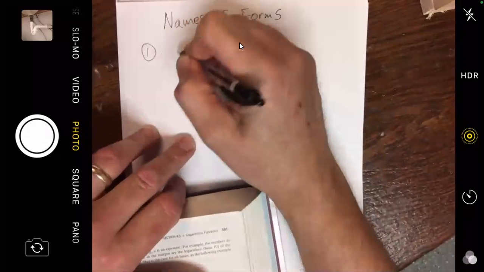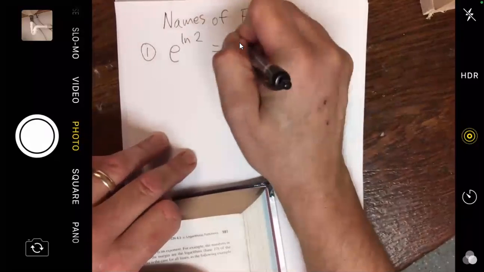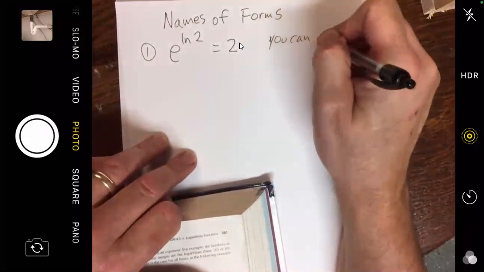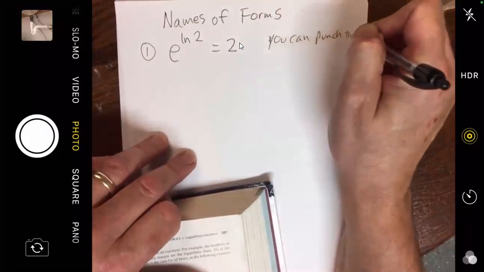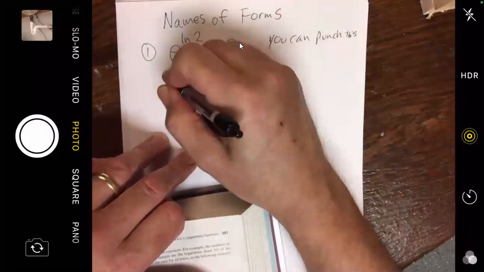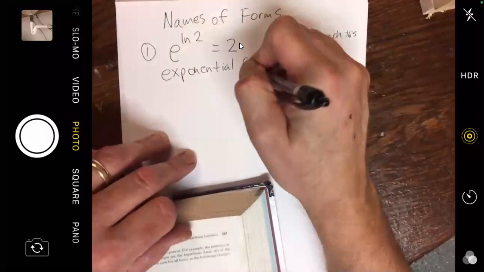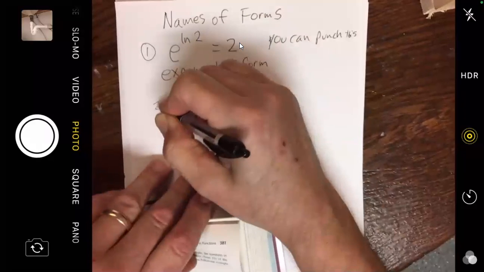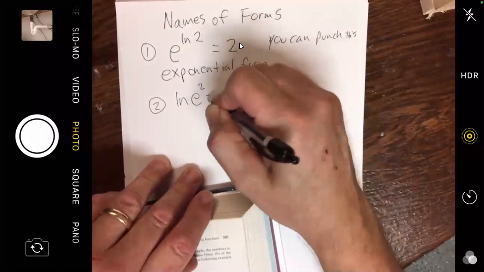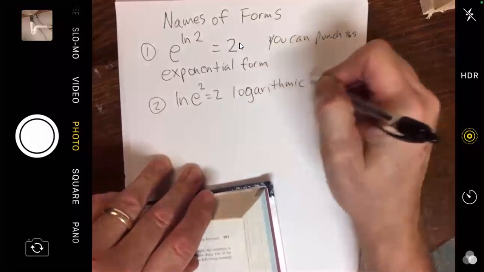If I have e to the 2, which you can punch, this is called exponential form. And if I have ln of e to the 2, this is logarithmic, and that equals 2. Logarithmic form.